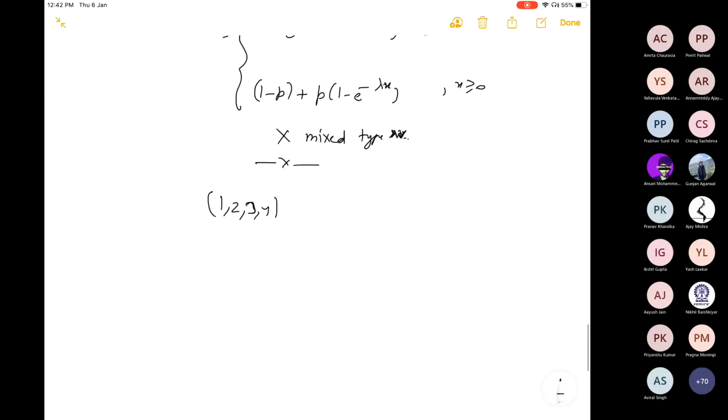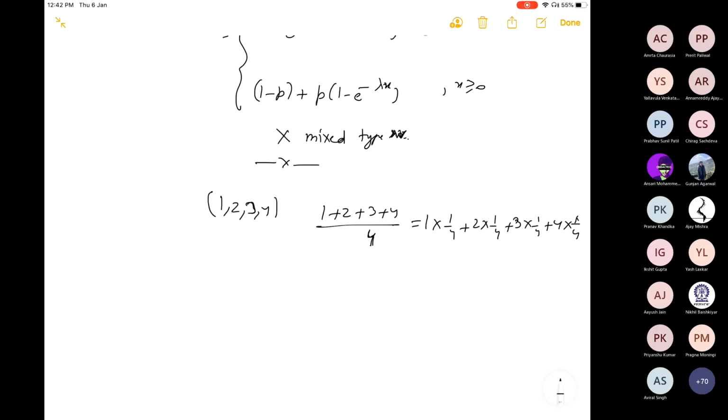Then what is their average? 1 plus 2 plus 3 plus 4 divided by 4. If we give them equal weightage, that is 1 into 1 by 4, 2 into 1 by 4, 3 into 1 by 4, plus 4 into 1 by 4. So if we give equal weightage, we get this value.